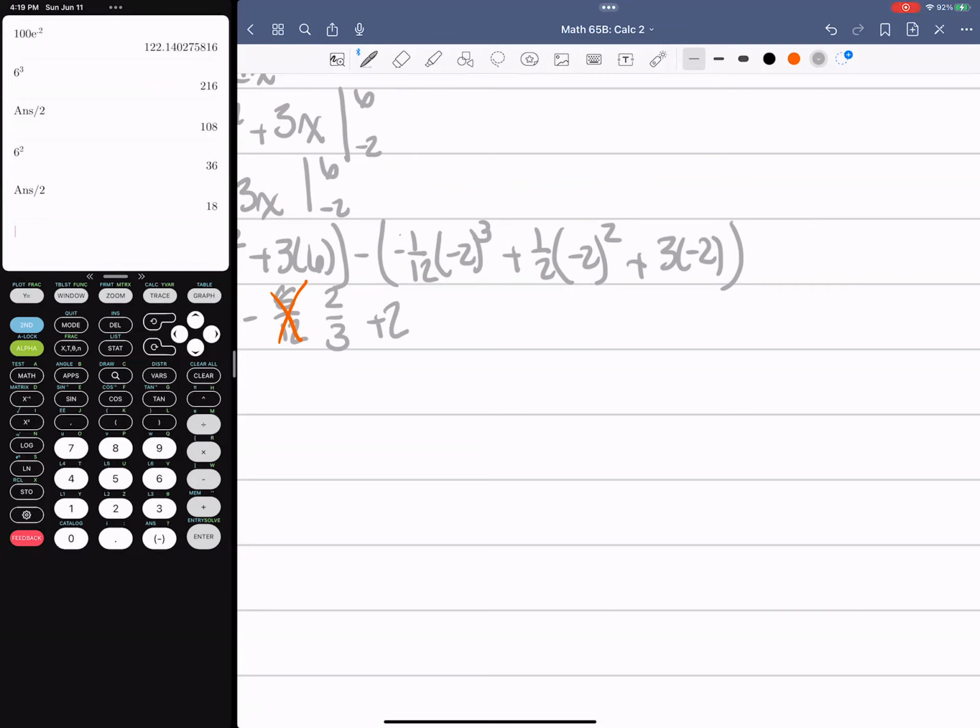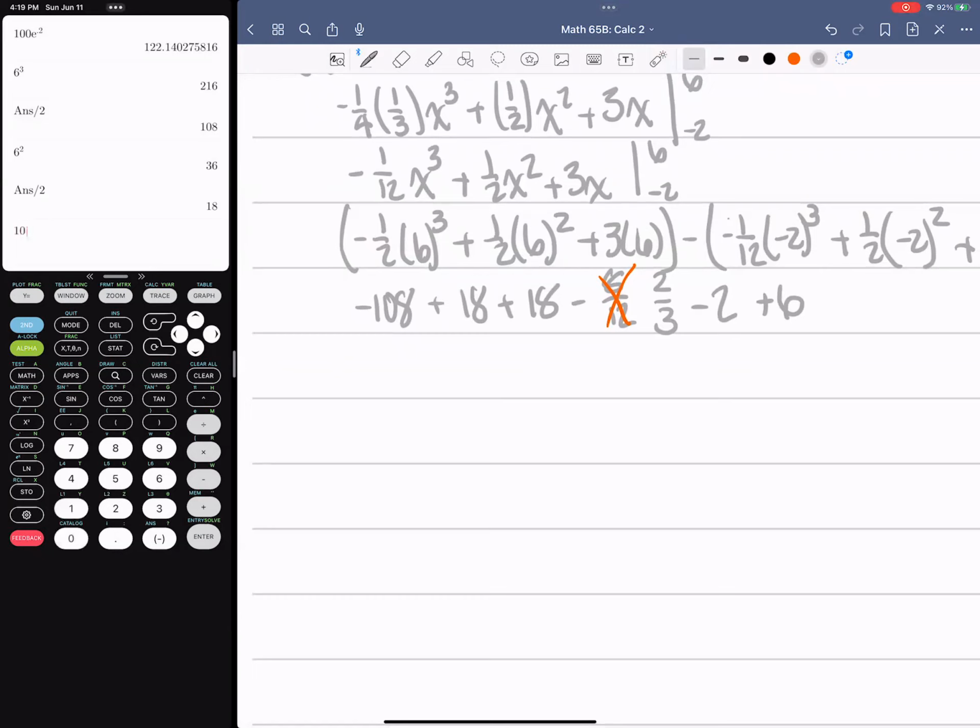And -6. And it looks like I forgot to distribute. So this should be negative, negative, and positive. So positive, and this should be negative. All right.